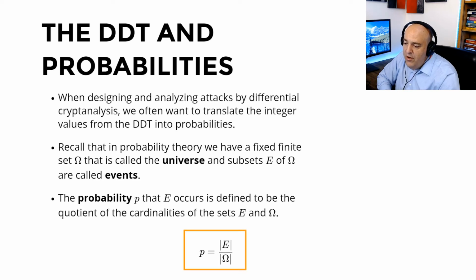Let's recall in probability theory, if we have a fixed finite set omega, which we call the universe, then subsets E of omega are called events. And the probability P that an event E occurs is defined in this case to be the quotient of the cardinalities of those sets. So the probability P is the cardinality of E divided by the cardinality of omega, and that gives a number between 0 and 1.